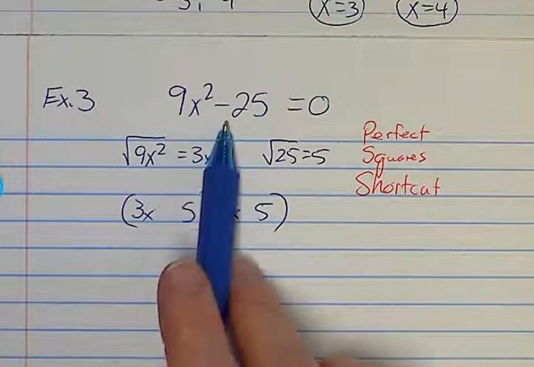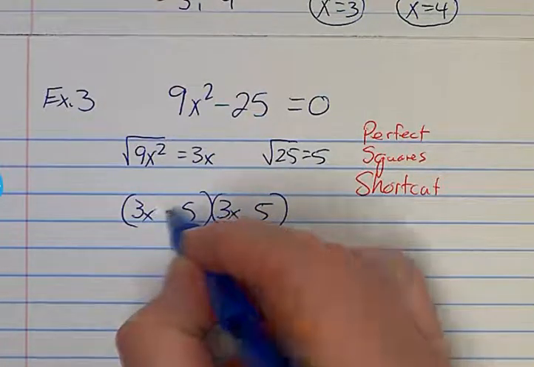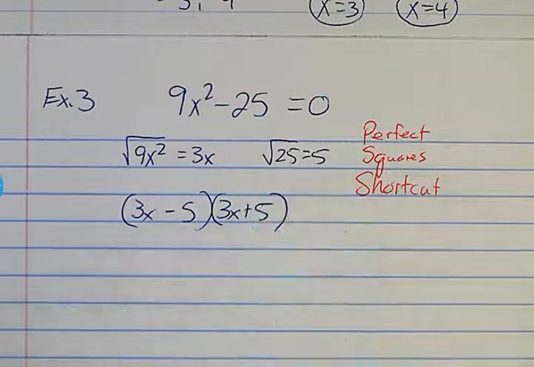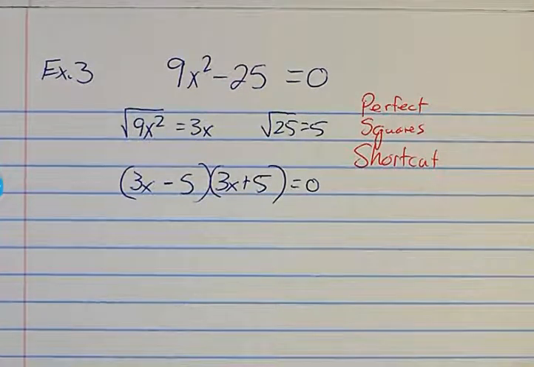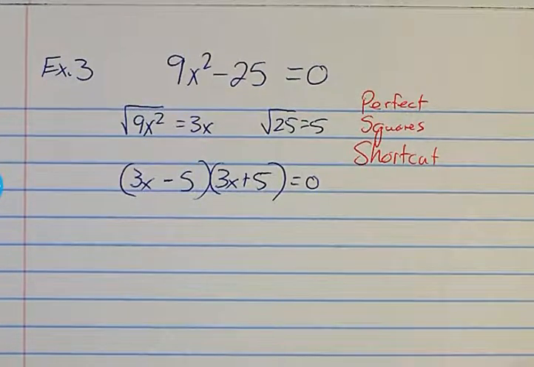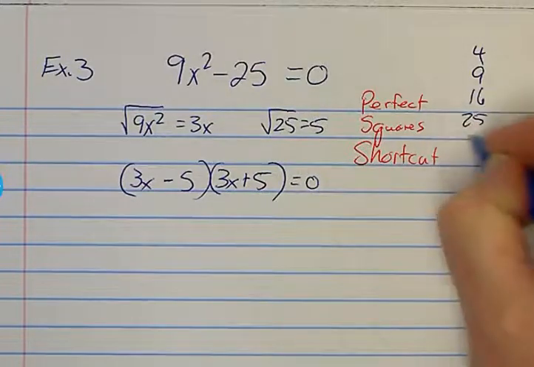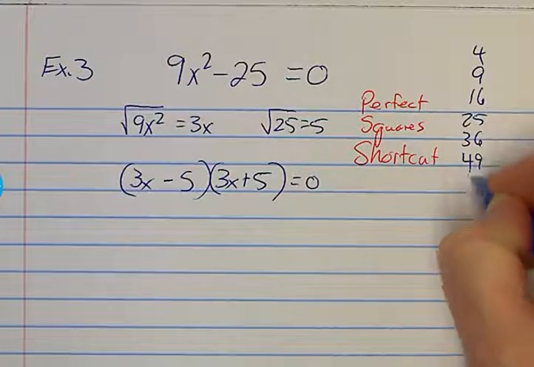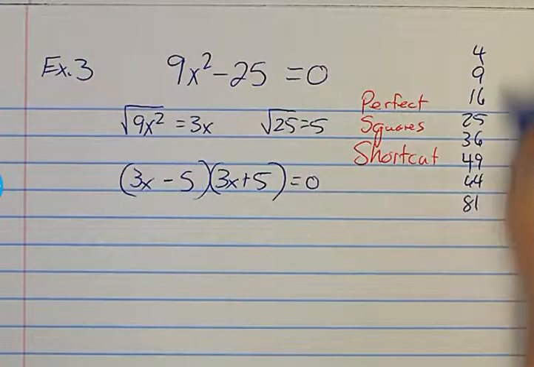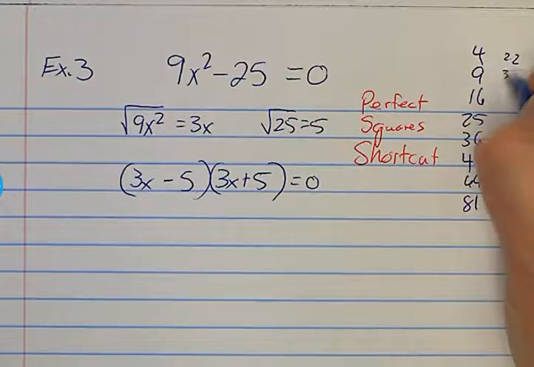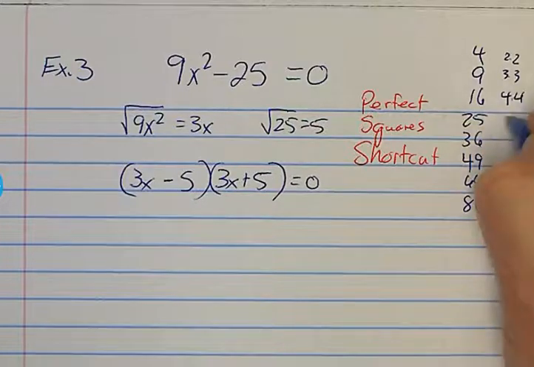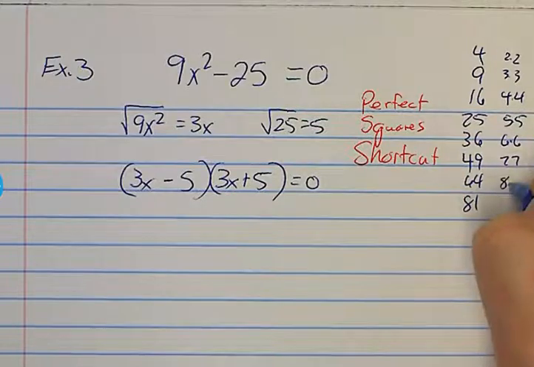And to be a negative 25, if this one's a negative, that one's got to be a positive. And remember, perfect squares are 4, 9, 16, 25, 36, 49, 64, 81. All those numbers you would just do 2 times 2, 3 times 3, the same number times itself. If one of those numbers pops up, that's the perfect squares you're looking for.